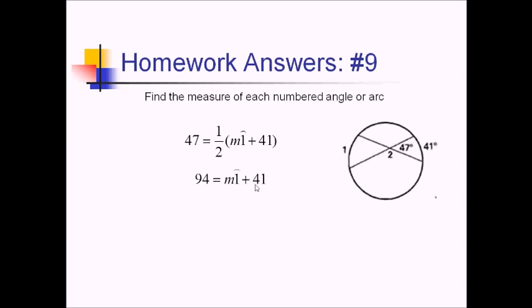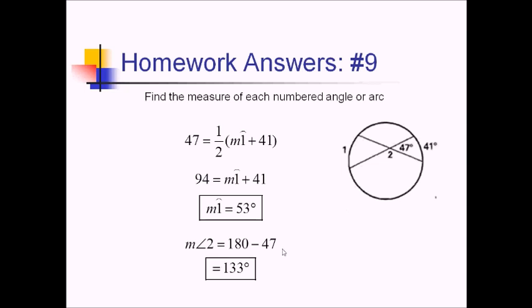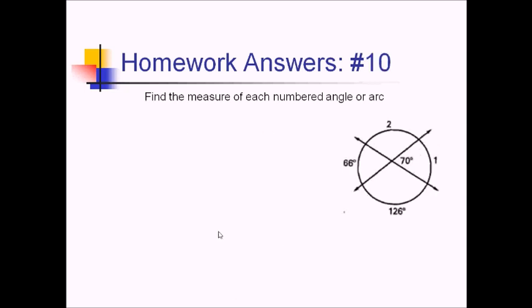Subtracting the 41, we end up with 53 for arc 1. All right, now we've got to find this angle 2. Now this is on the same line as 47 degrees, so we can just do 180 minus 47, which gives us 133 degrees.